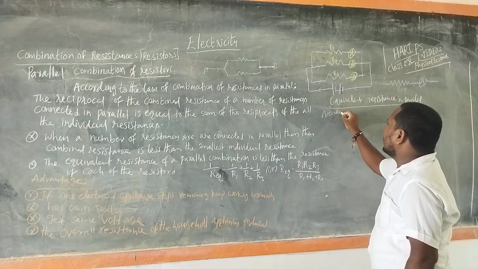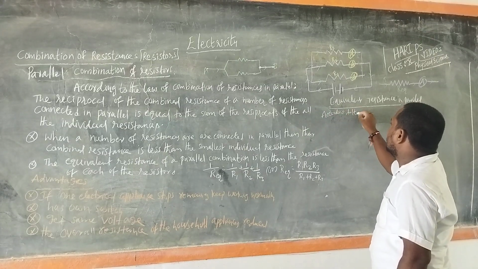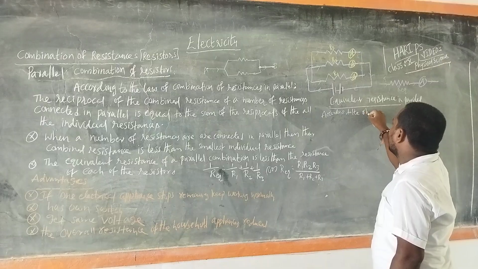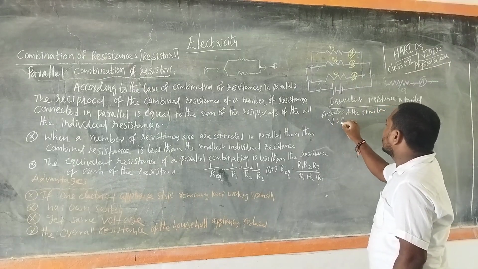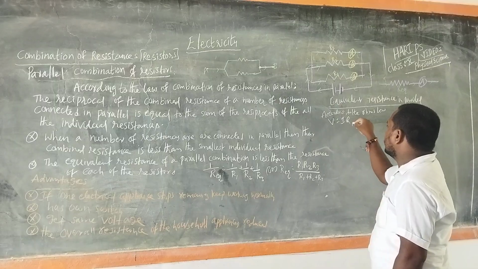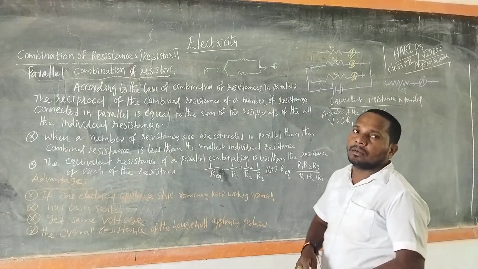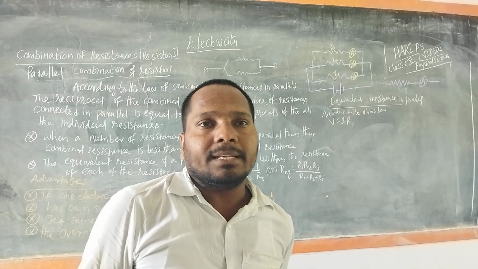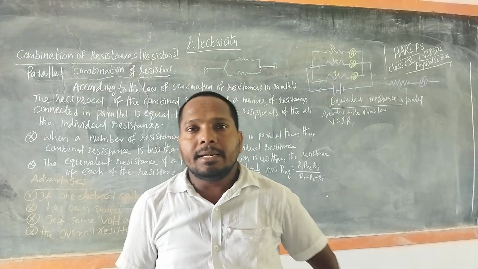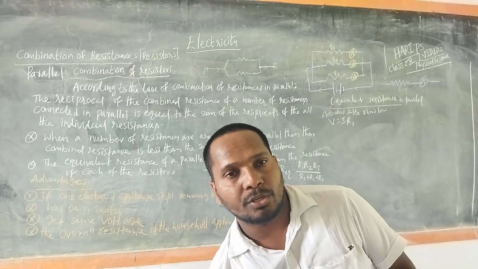according to Ohm's law, we know V is equal to IR. In a series connection, the current is the same throughout the circuit.